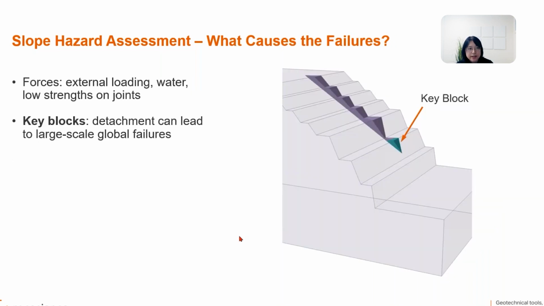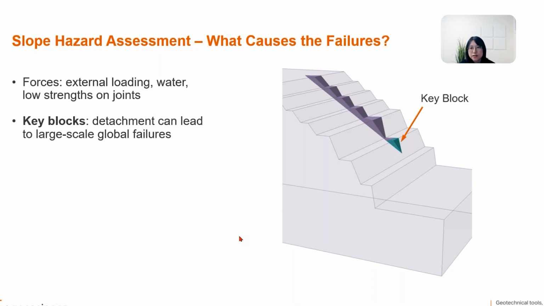Next, engineers would like to know what the mechanisms driving the failures are. RocSlope can provide the forces, such as the external loading, water, or whether it's the combination of low shear strength on the joints resulting in the failures, or it can identify key blocks.